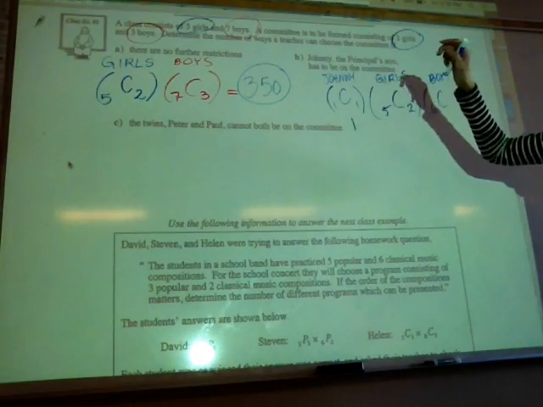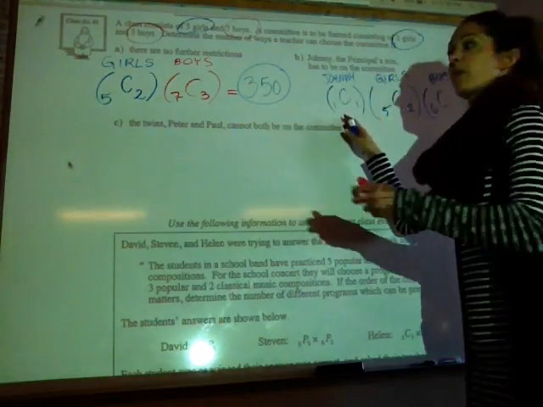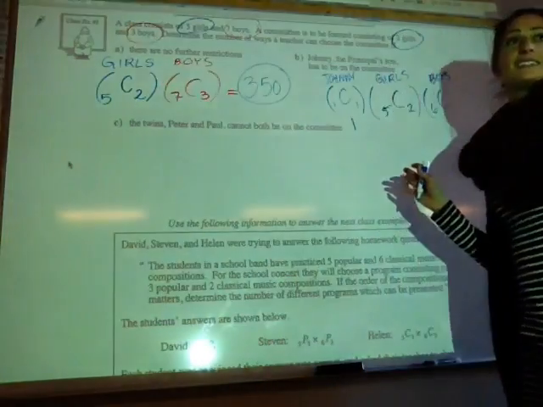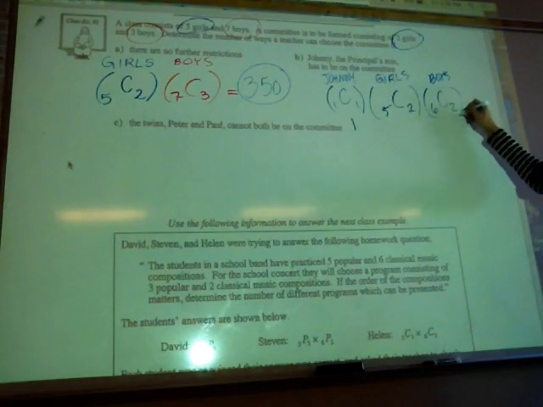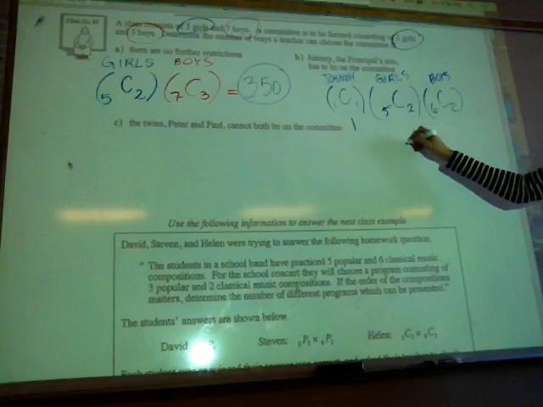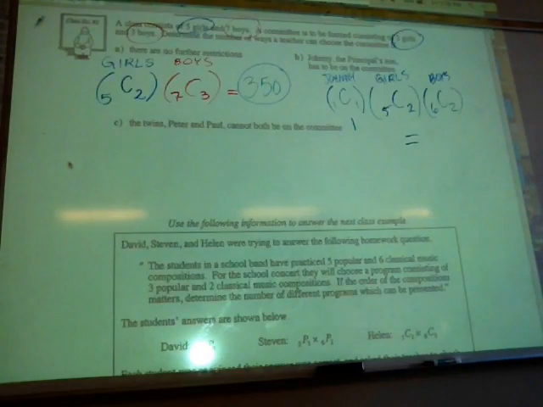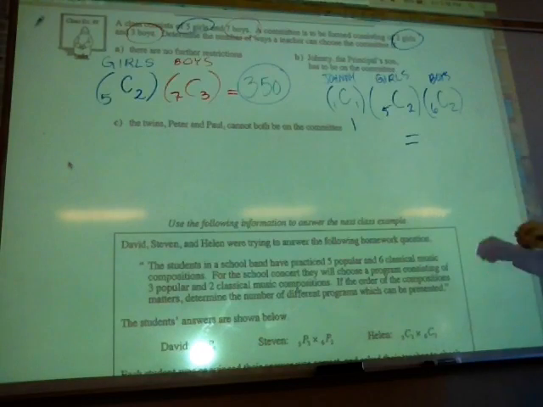If we've taken 1 boy and we need 3, we only need 2 more. So it's 6 choose 2. Because we've already taken 1 boy, we only need 2 more. So 150.